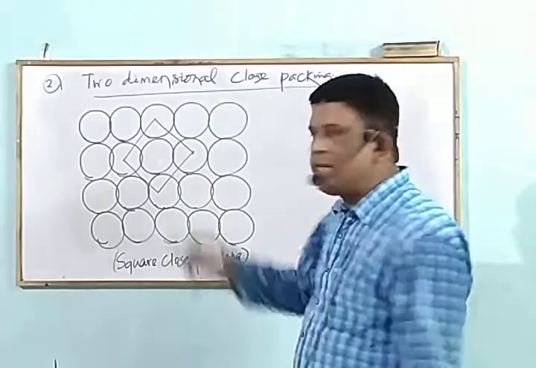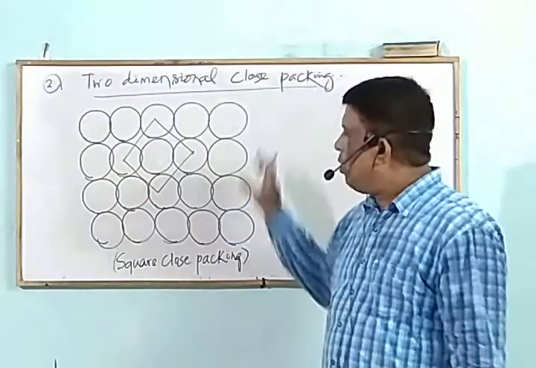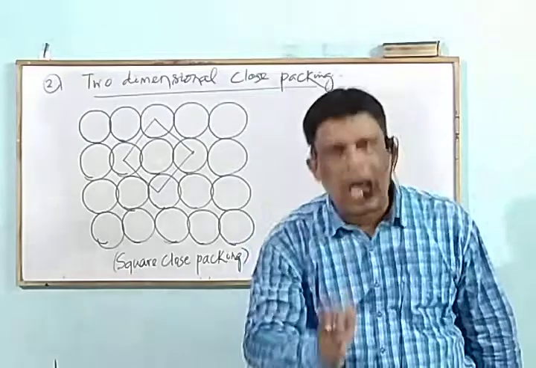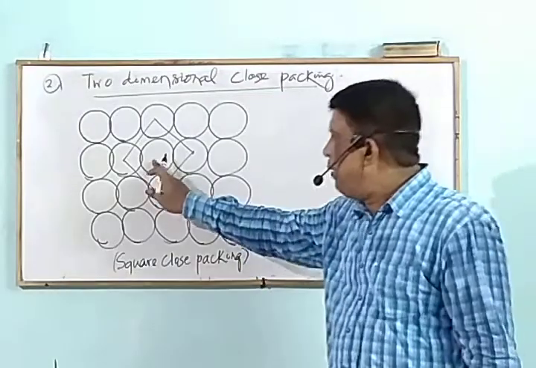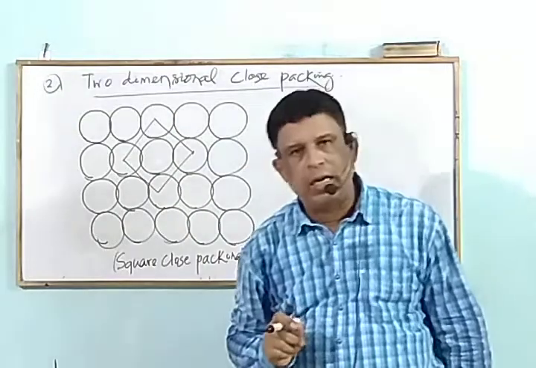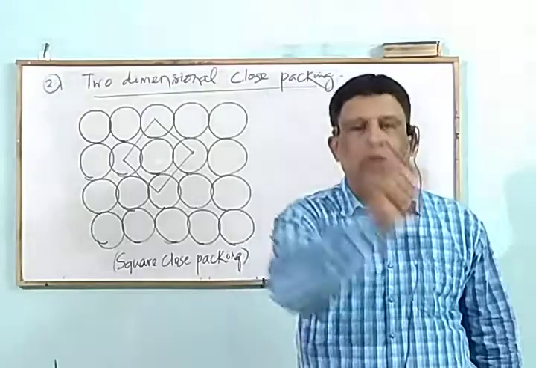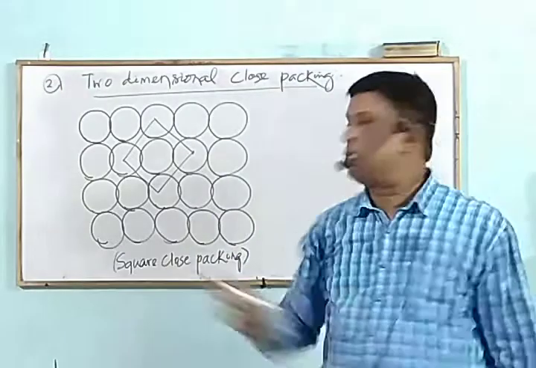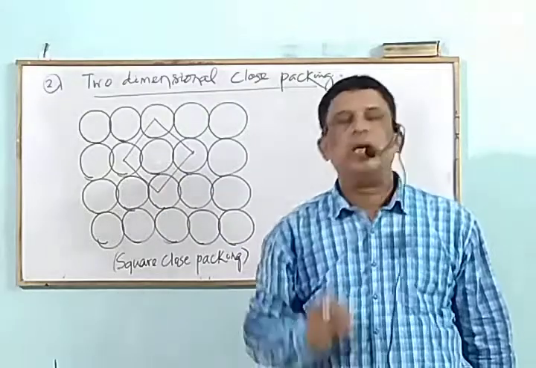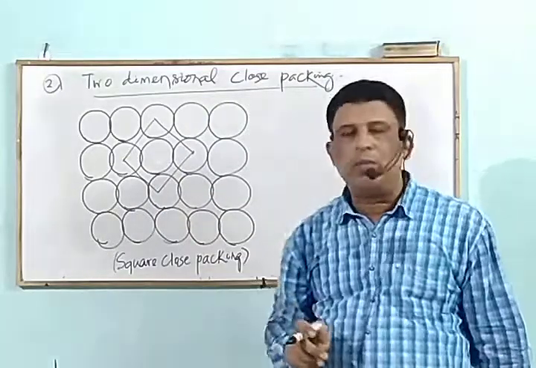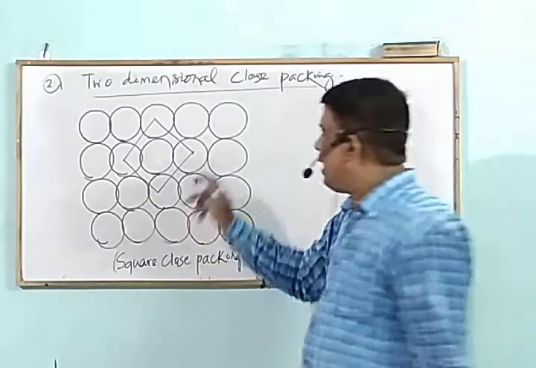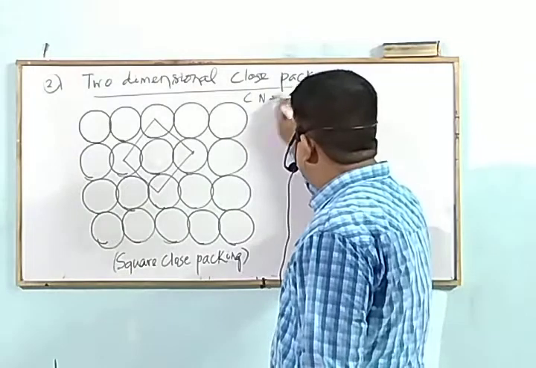In this type of arrangement, the spheres are arranged horizontally as well as vertically in one alignment such that every sphere comes in contact with four neighboring spheres, and if we join the centers of those four spheres, a square is formed. That's why it is known as square close packing. So in this case, the coordination number is 4.